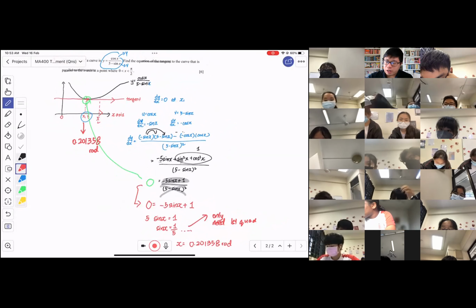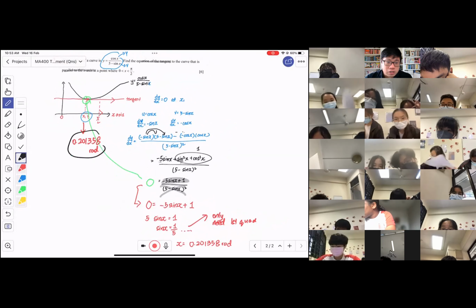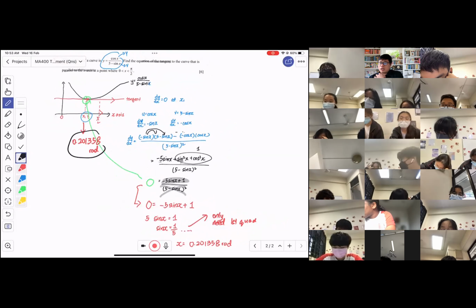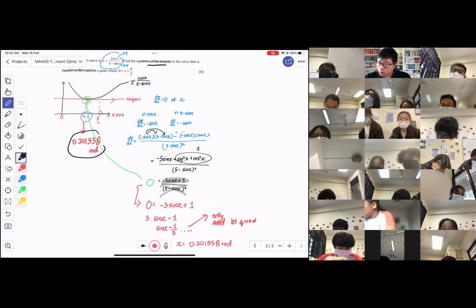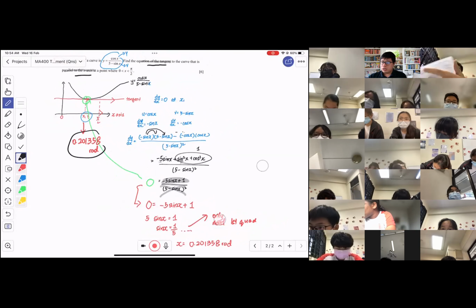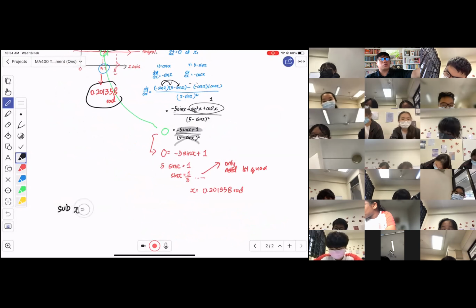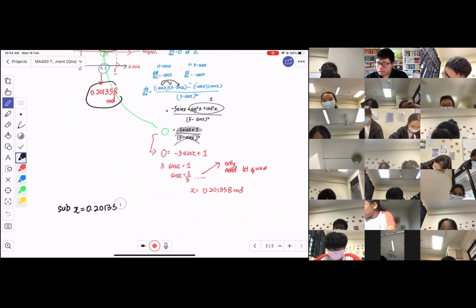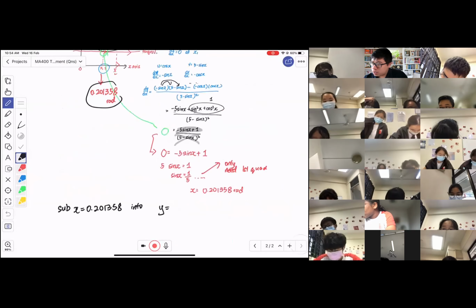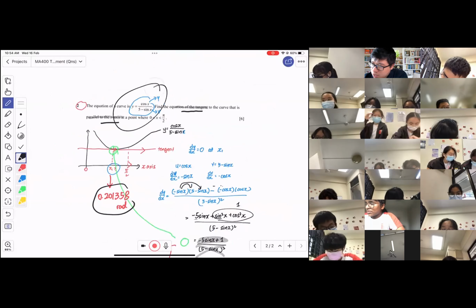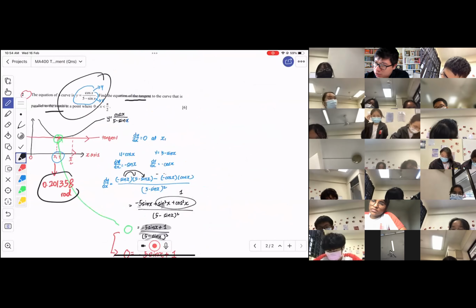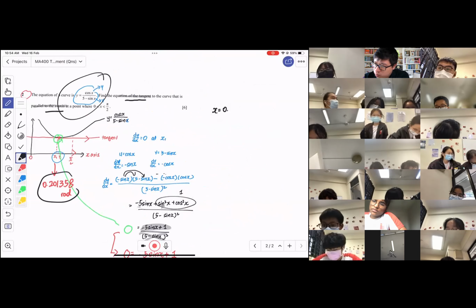So with this value, after I know this, I only know that I've found the x coordinate of that point, but I need the equation of the tangent. So very simple. You sub x equals to 0.201358 into y equals cosine x over 5 minus sine x, sub back into this. So remember, you know that x now is equal to 0.201358.